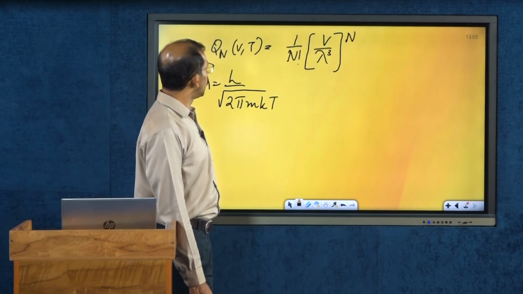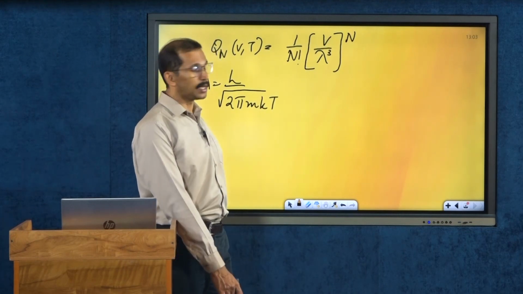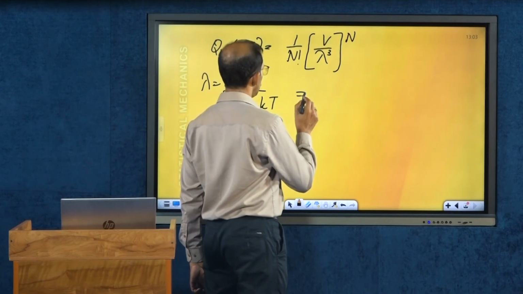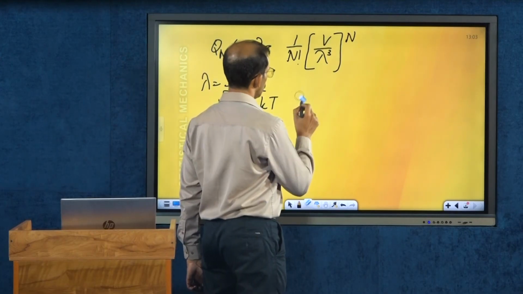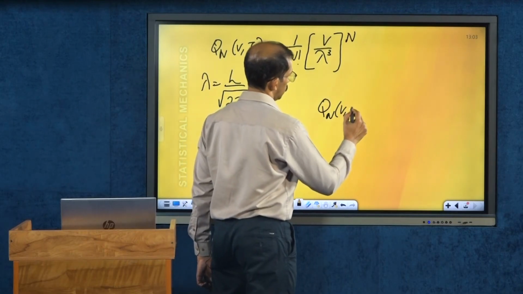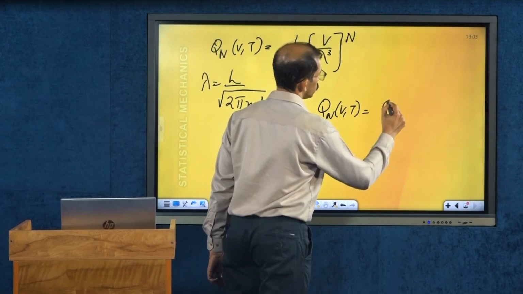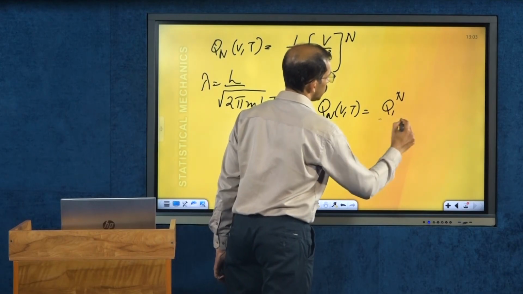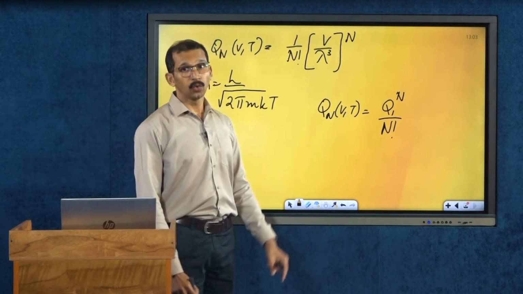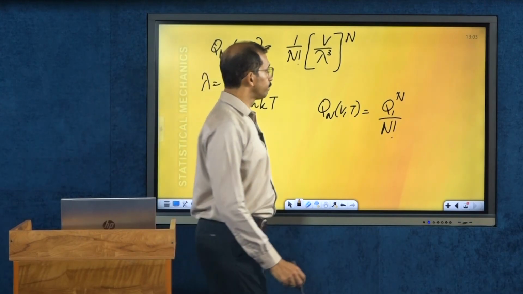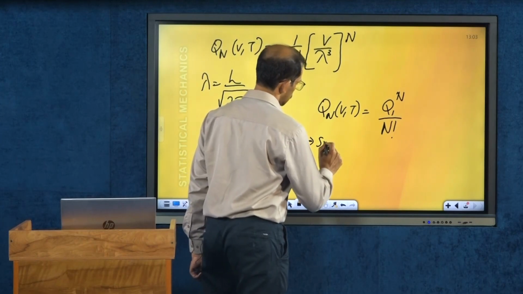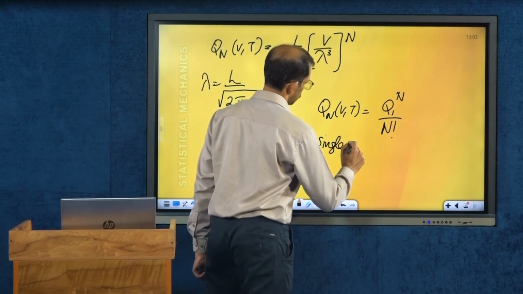And again, I can write the same expression in terms of something else, which is Q_N V T is equal to Q1 raised to n divided by n factorial. What is Q1? Q1 is called the single particle partition function.